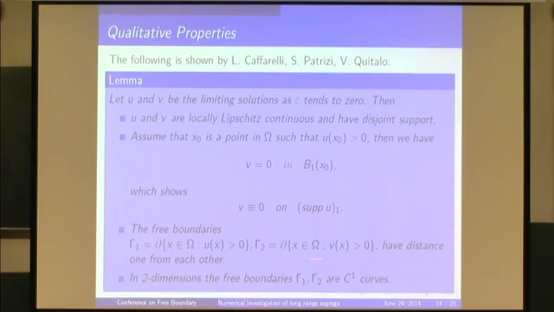What's more, they showed that the free boundary, the boundary of the positivity sets of u and v, are at exactly distance 1 from each other. Since they have distance 1 from each other, they have some regularity: in dimension 2 they are C1.